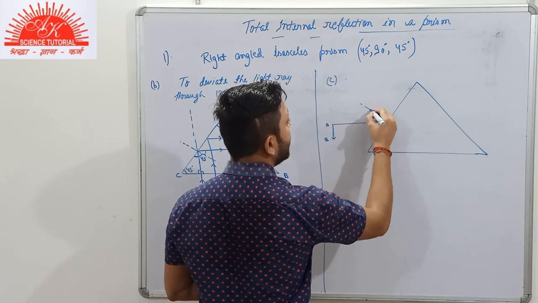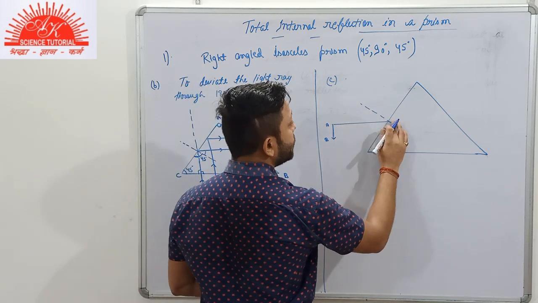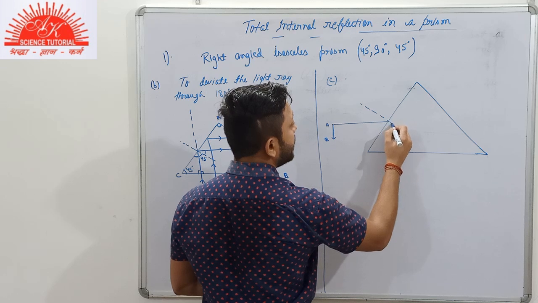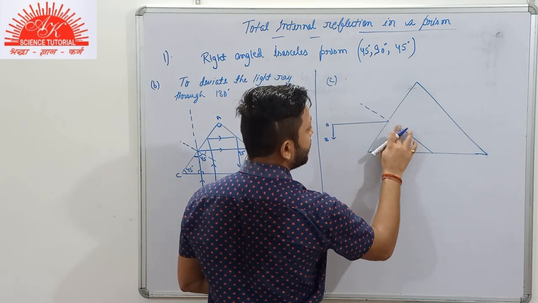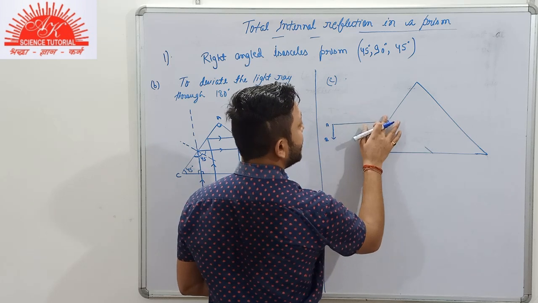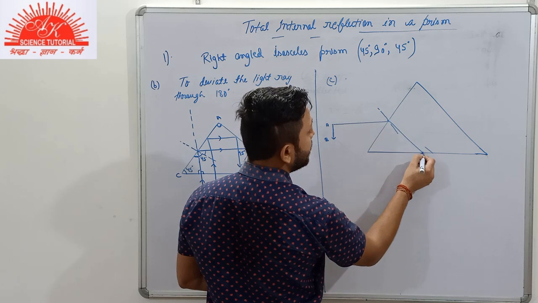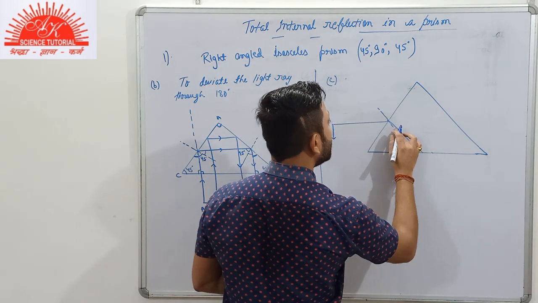This is one of the light rays that is passing through this end A. As you know, what will be the condition here? The light ray will bend towards the normal.